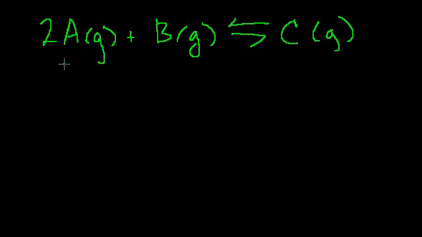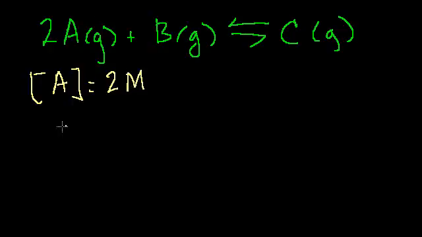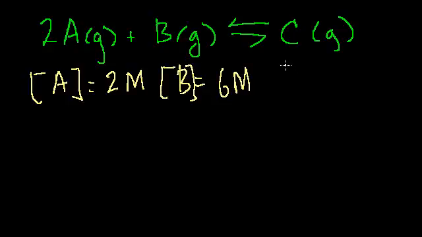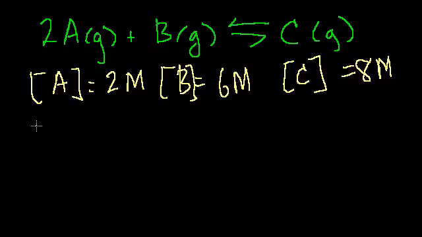And let's say initially, in our first equilibrium, the concentration of A is 2 molar, the concentration of B is 6 molar, and the concentration of C is 8 molar. So what's the equilibrium constant here?